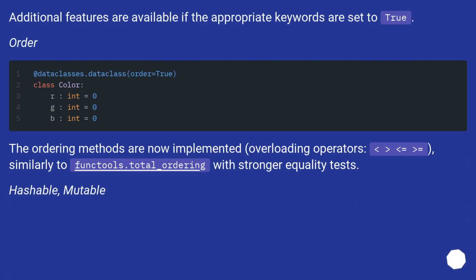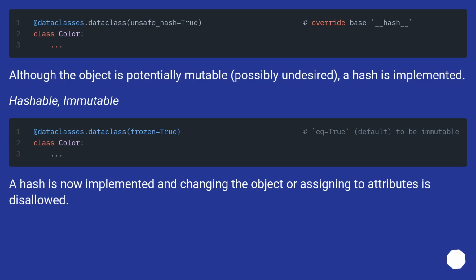Order. The ordering methods are now implemented, overloading the operators is lower than, is greater than, is lower than or equal to, and is greater than or equal to, similarly to functools.total_ordering with stronger equality tests. Hashable, mutable: although the object is potentially mutable, possibly undesired, a hash is implemented.